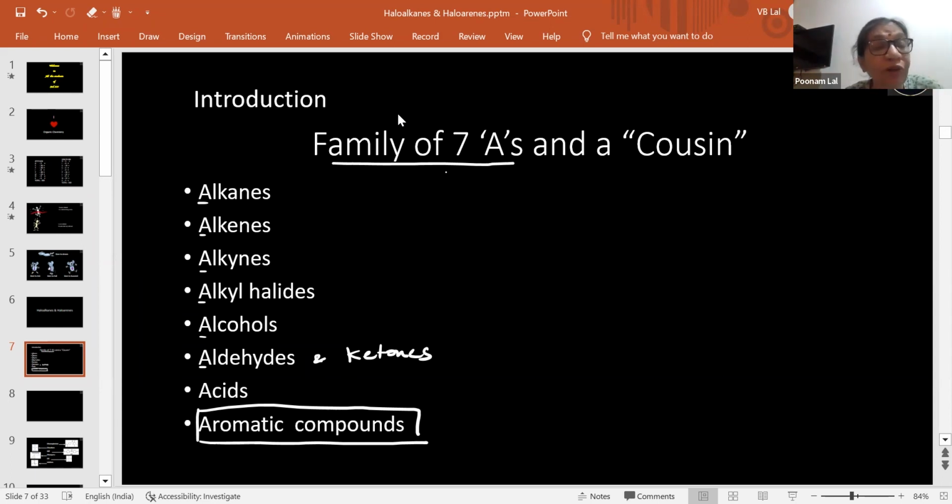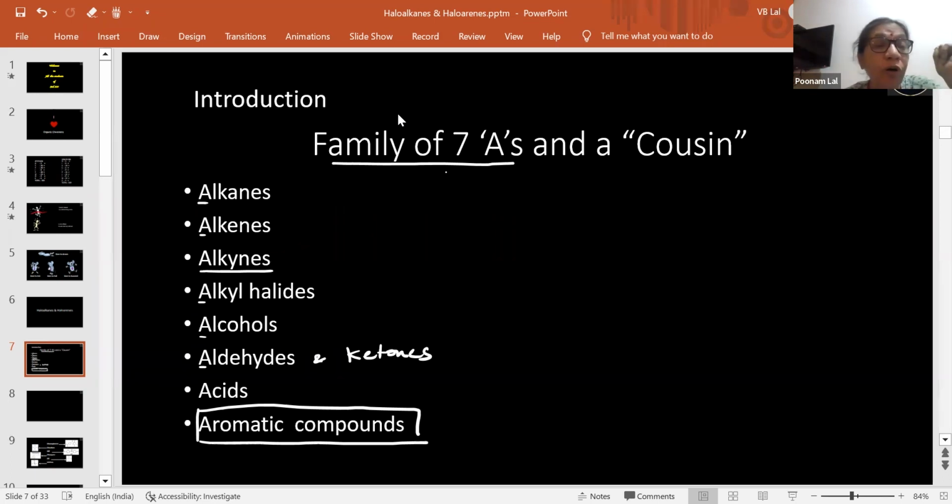So the first part, alkanes, alkenes, alkynes, you have already learned. This year we are going to learn alkyl halides, alcohols, aldehydes, and acids. Okay. Now, how are they related?